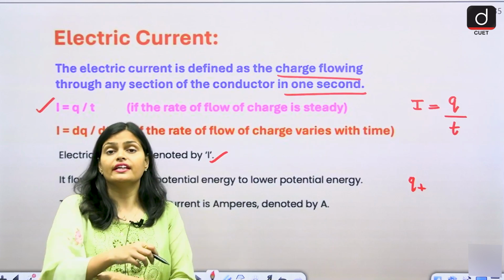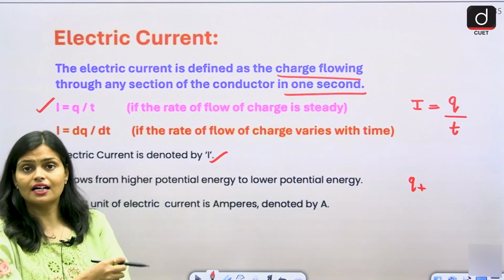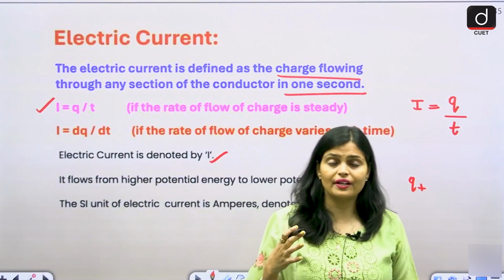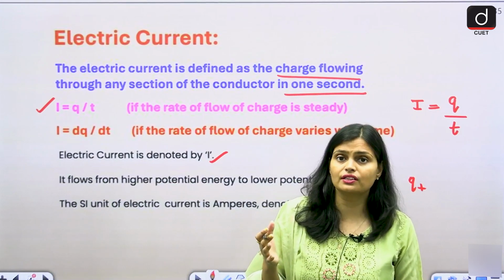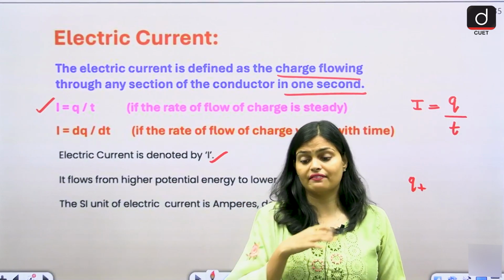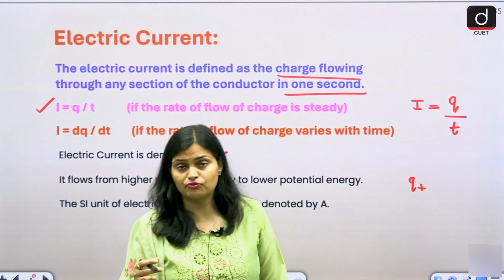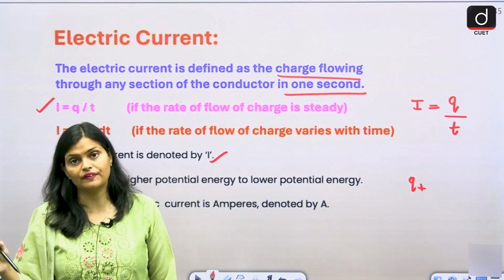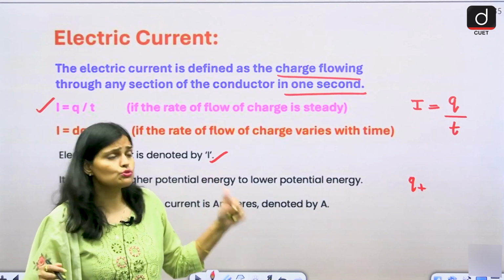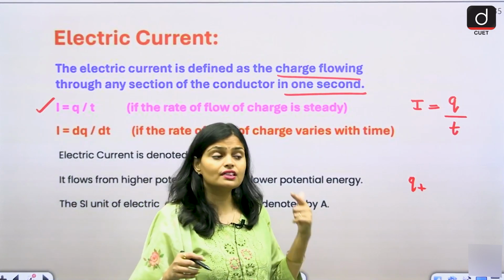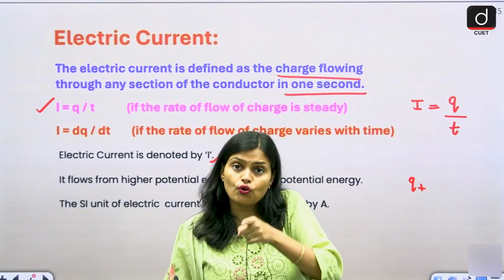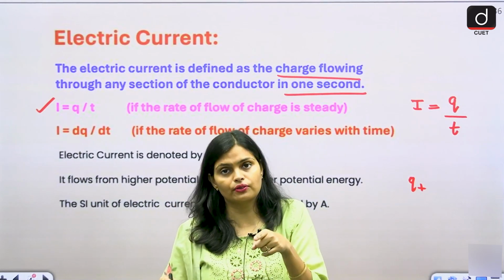So similarly, all the charges have some potential energy, right? With that potential energy, they remain stationary, and when you apply an external force or external field, what happens? They start moving. Clear? So here also, current is the rate of flow of charge per unit time.